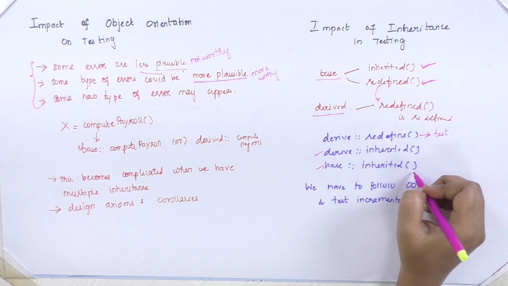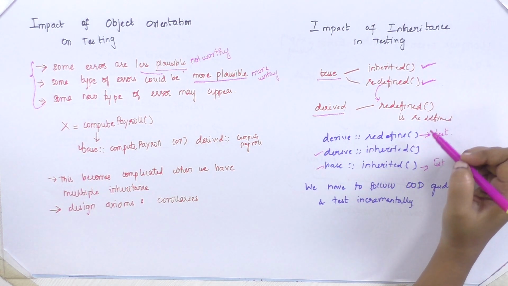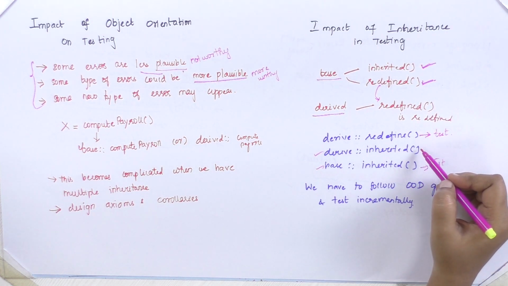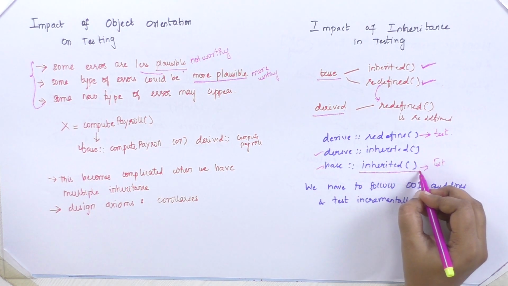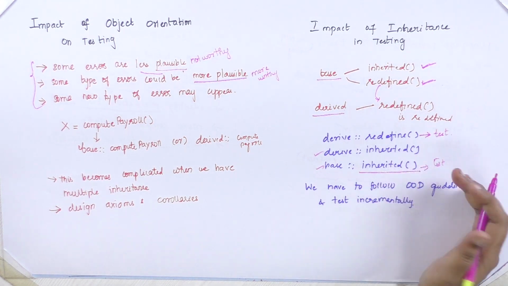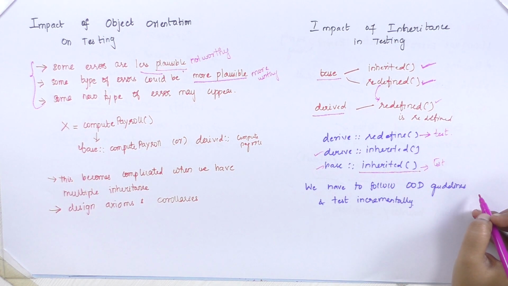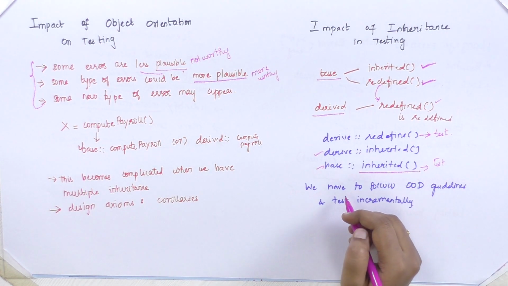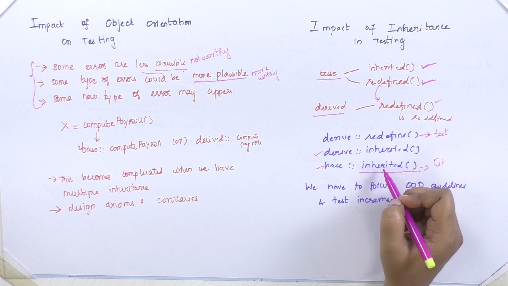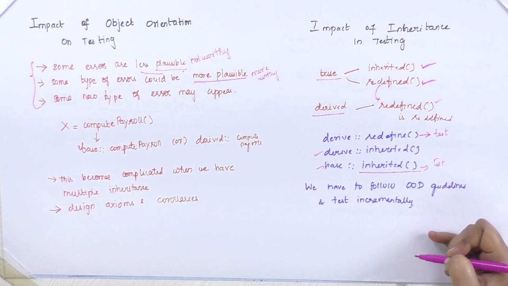Again, the base class inherited method has to be tested because this is the primary method and it is not changed in the derived class. As this method and its definition are completely used in the derived class, you have to test this inherited method. So we have these complications in our testing when we have inheritance in our programming.